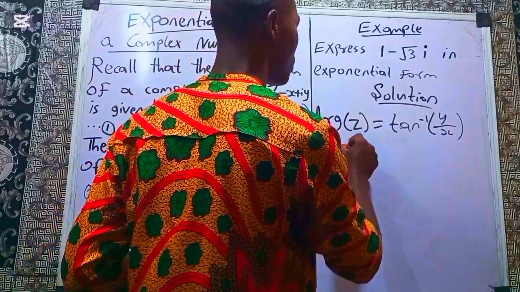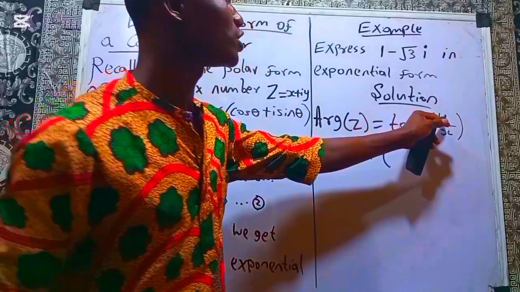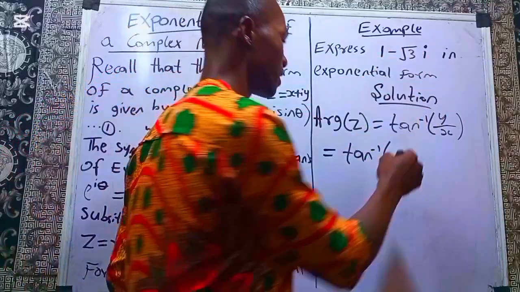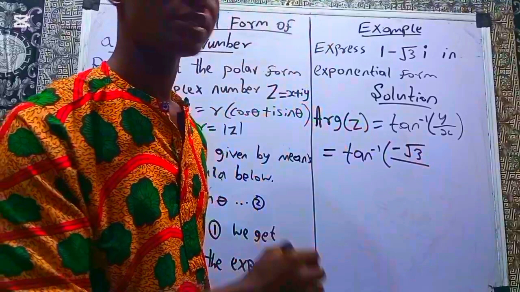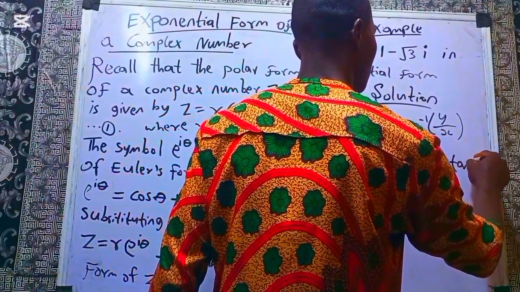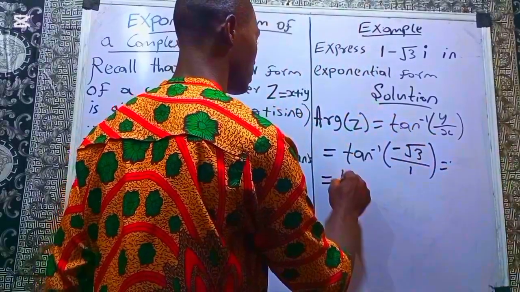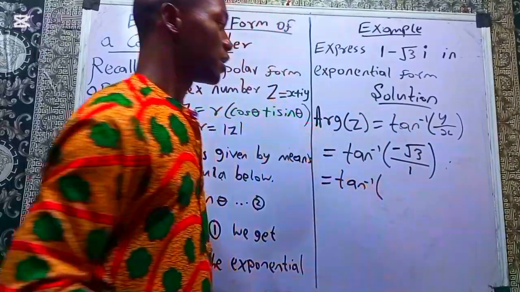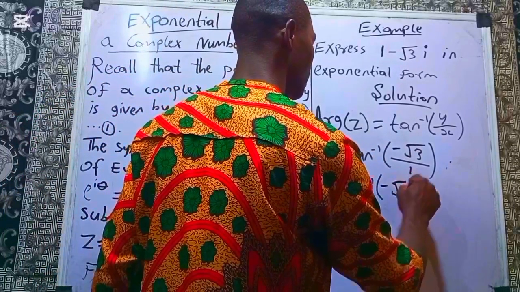So this will be equal to what? Tan inverse of what is the imaginary part, which is our y, the coefficient of i. What is the coefficient of i? Negative square root of 3. Negative square root of 3 divided by what is the real part? 1. So this will be equal to tan inverse of negative square root of 3 divided by 1, which is negative square root of 3.